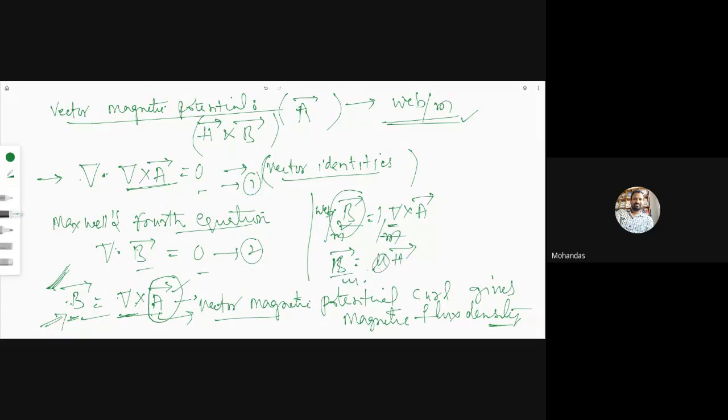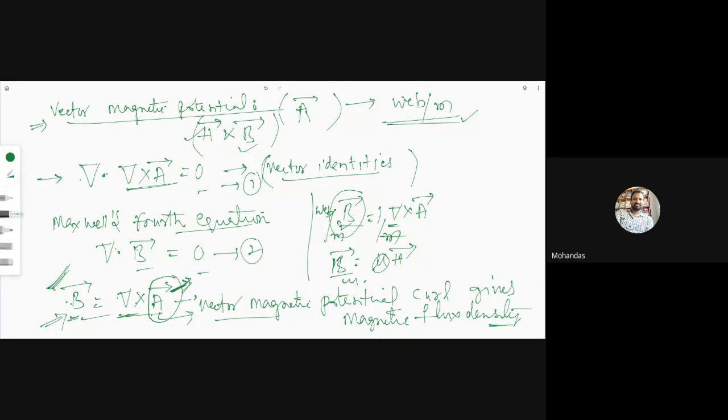Finally, these quantities are defined for the calculation of H and B only. So this is about the scalar magnetic potential and the vector magnetic potential. Now, how to calculate the value of A?